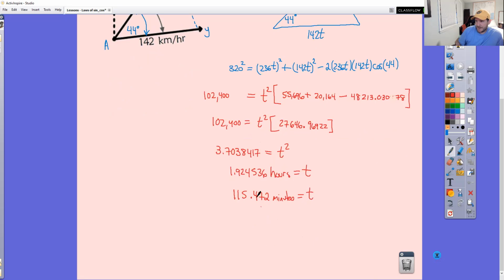So that's minutes. So they said find your answer to the nearest minute. Well, 115 is more than an hour. So I would subtract 60 from that now and call that an hour. And then if you subtract 60 from this, you're left with 55 more minutes. And the 0.472, you'd round that down because we're rounding to the nearest minute. So it'd be 1 hour, 55 minutes.